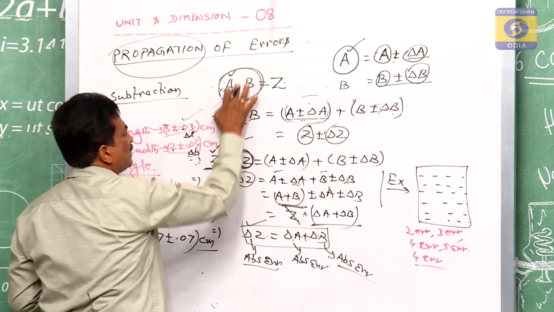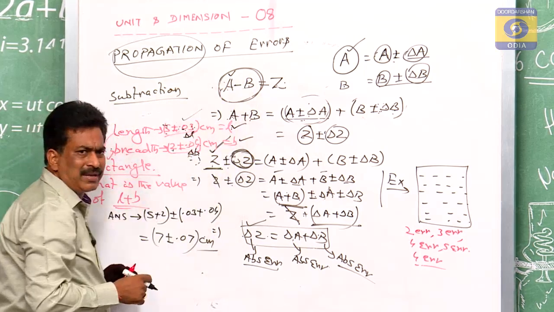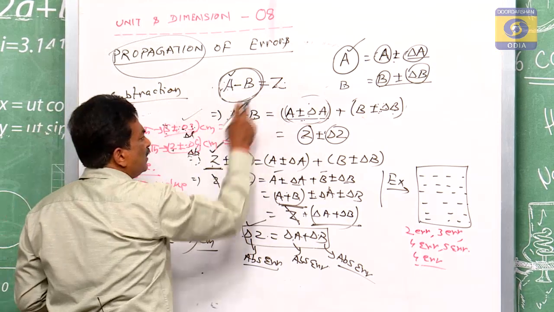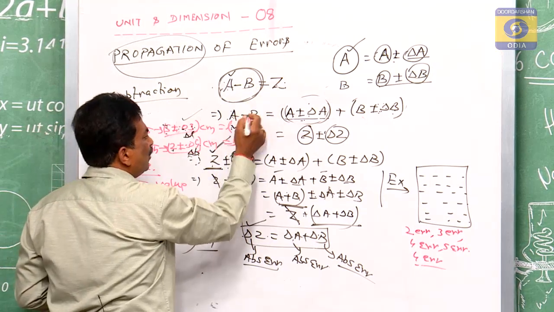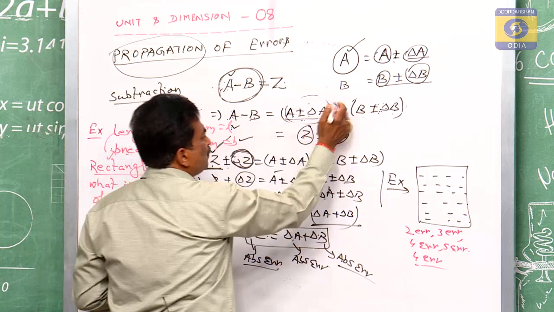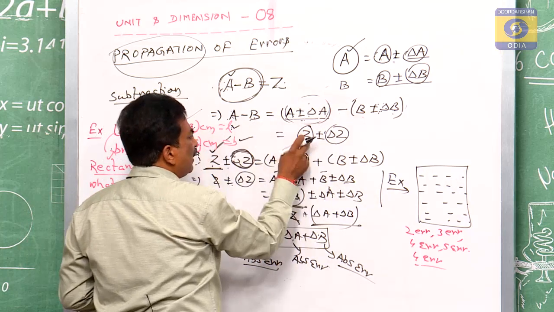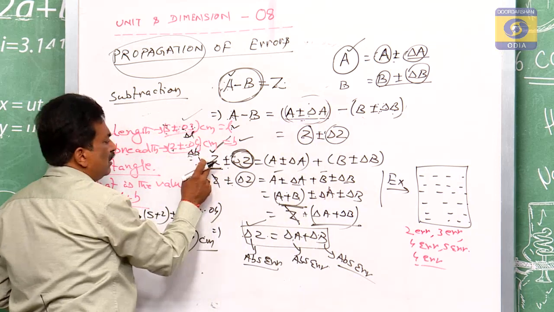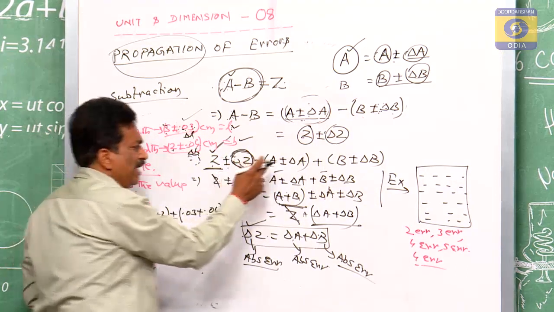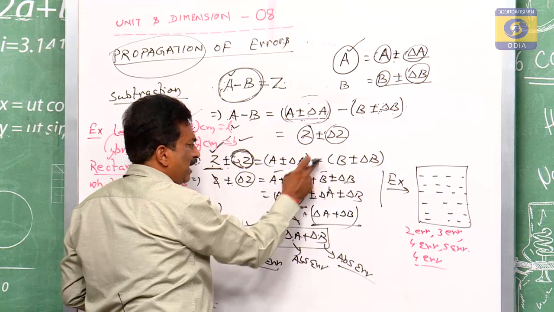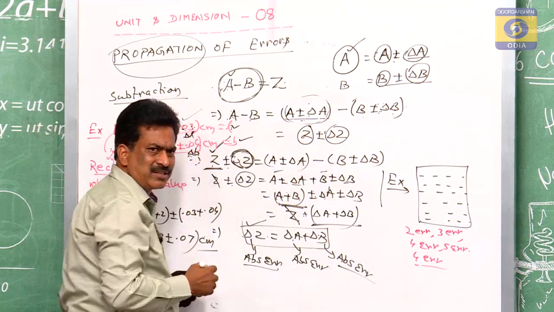Means for the same example, A plus B will become A minus B. If the real value is Z, then Z plus or minus del Z is equal to A plus or minus del A, minus the other quantity. Instead of the addition, it is the subtraction.